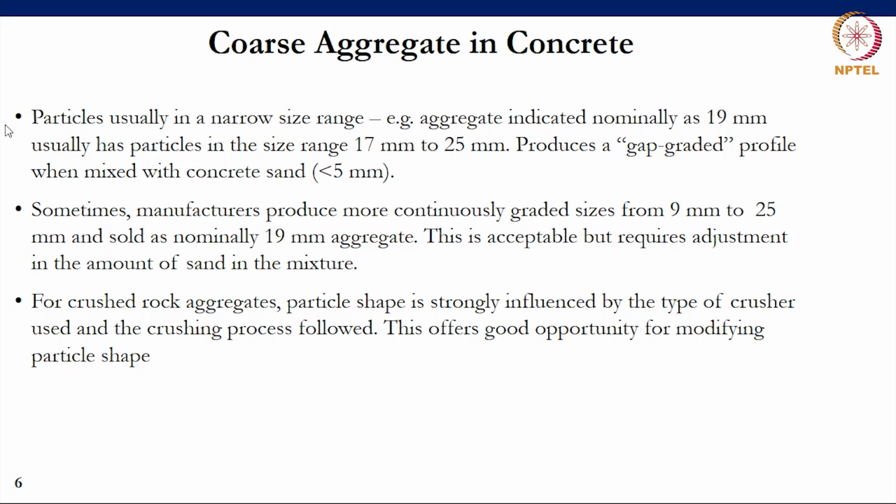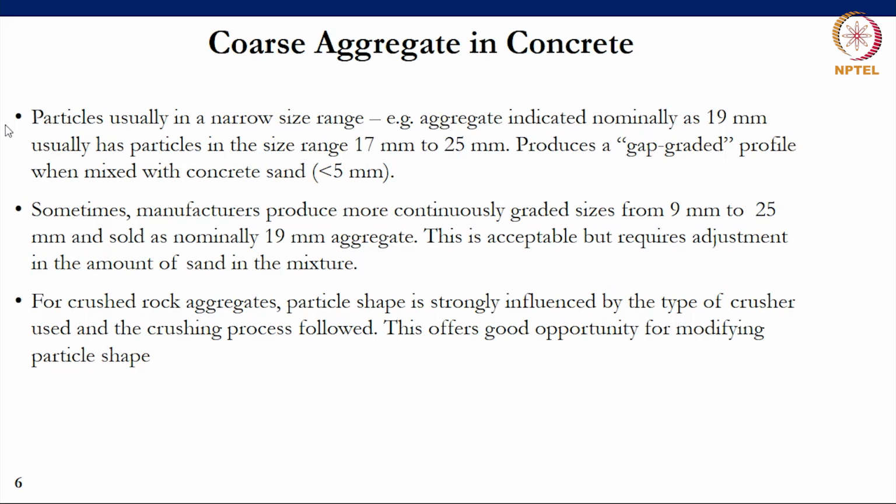For crushed rock aggregates, particle shape is strongly influenced by the type of crusher that is used in the crushing process. And if a manufacturer has the wherewithal and the availability, it does offer a good opportunity for modifying particle shape simply by changing the type of crusher that is used to crush the material.